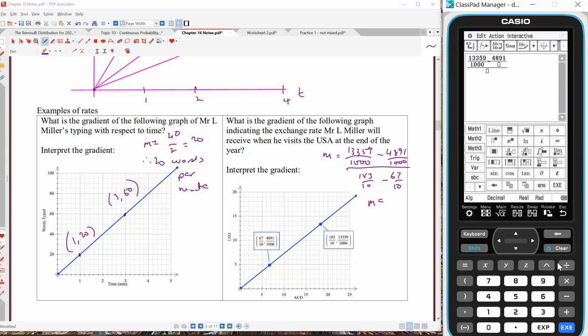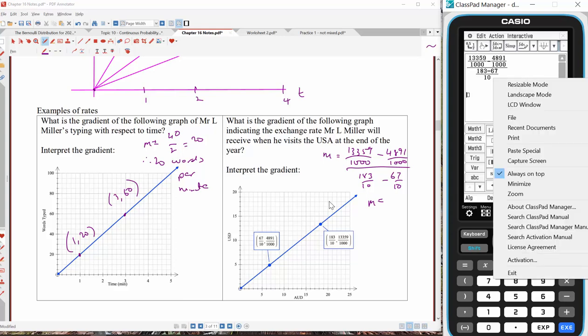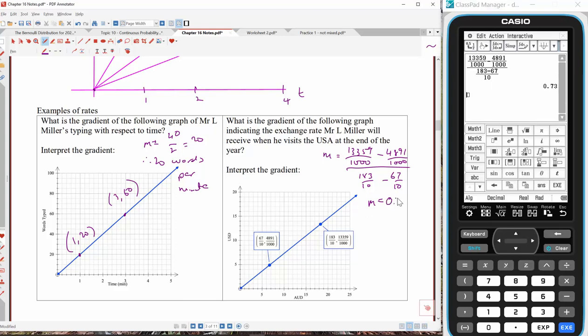Oh, another divide. 183 take away 67 all over 10. Probably should have done that with the numerator. And we get that m equals 0.73.